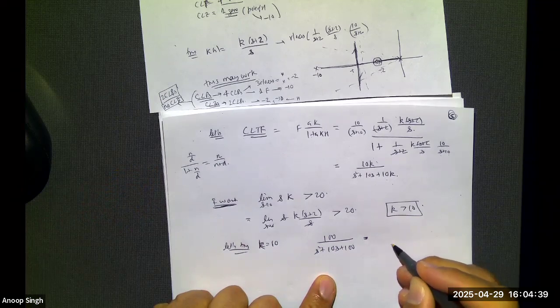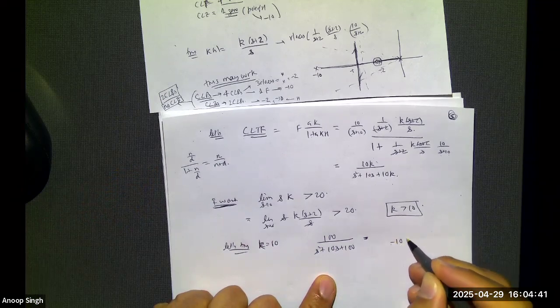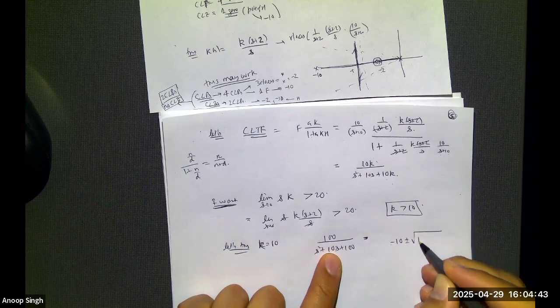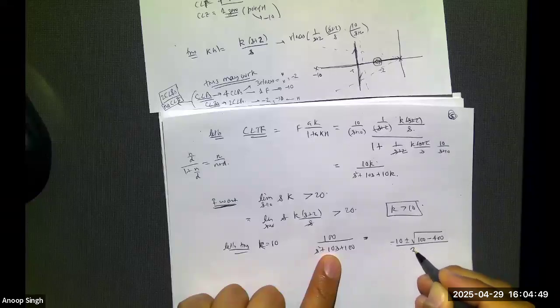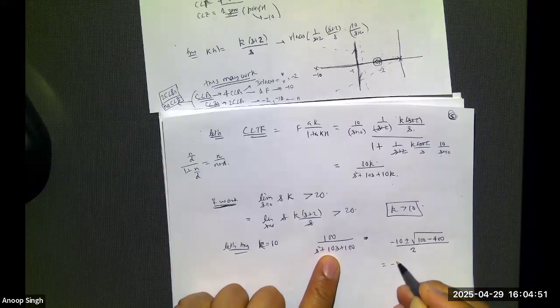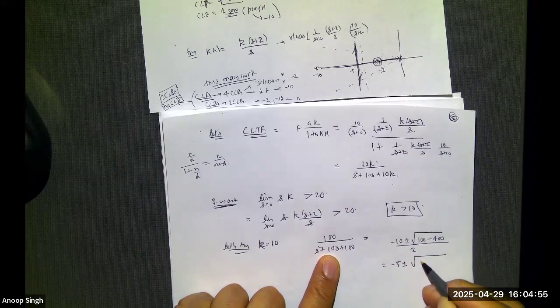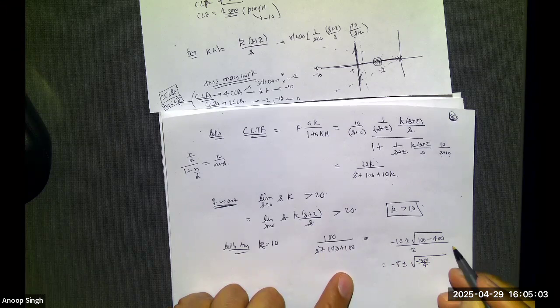The closed loop poles will be minus b plus or minus square root of b squared minus 4ac, divided by 2 times a. So minus 5, oh damn. This is going to be negative 300 over 4. What is the square root of 300 over 4?